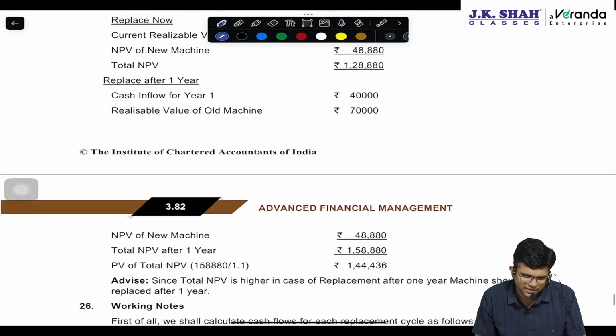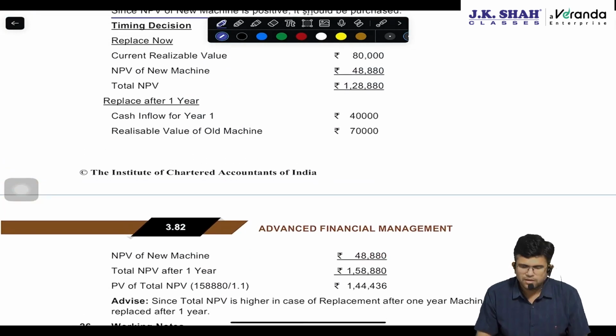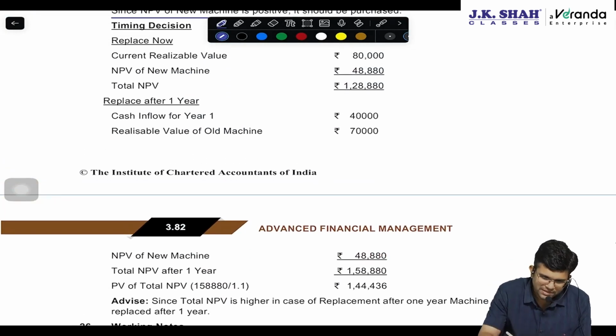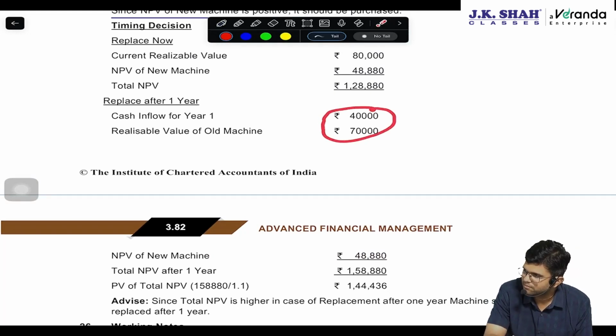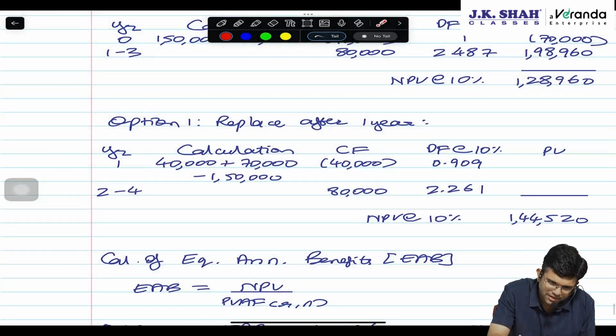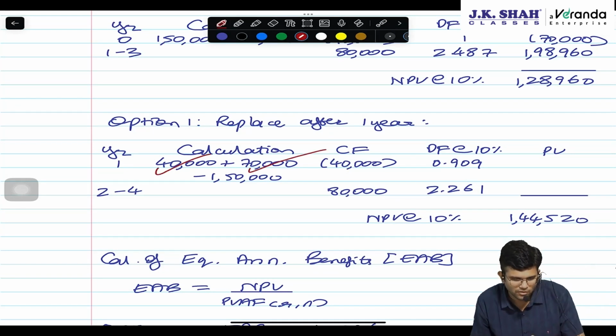Then replace after 1 year. Now see what they have done. They are saying the old machine will give you 40 plus 70. Have we taken this? I'll just mark it with red ink. 40, 70. Everyone there? Okay.